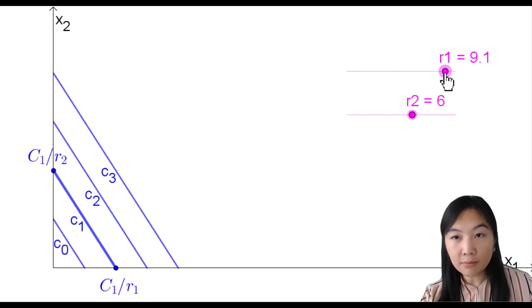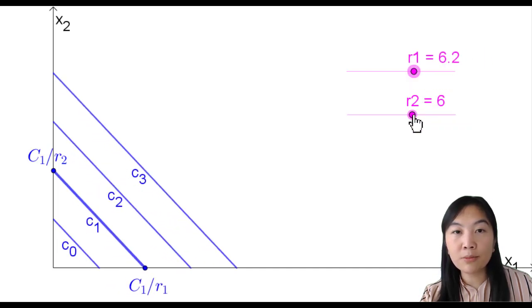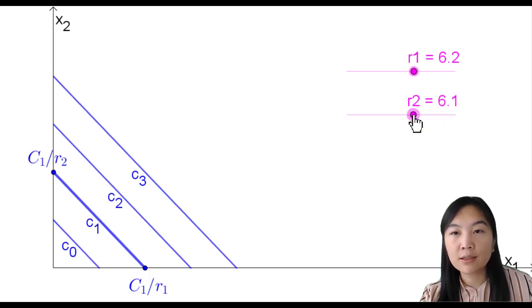And for R2, we can also say how the slope of the curve will change if we change R2. So if R2 is smaller, C1 over R2 will become larger, and it will move to higher positions.